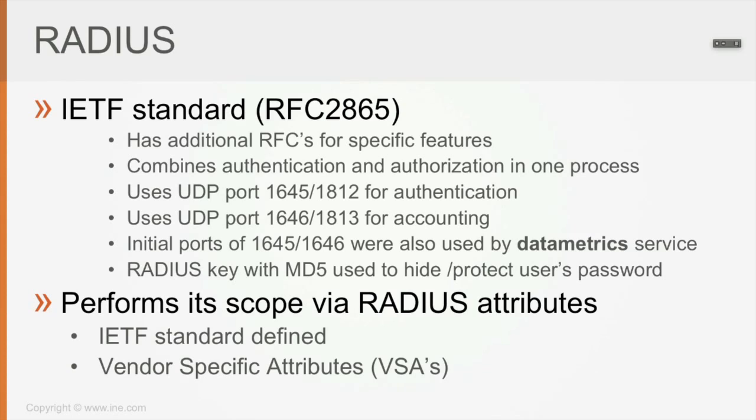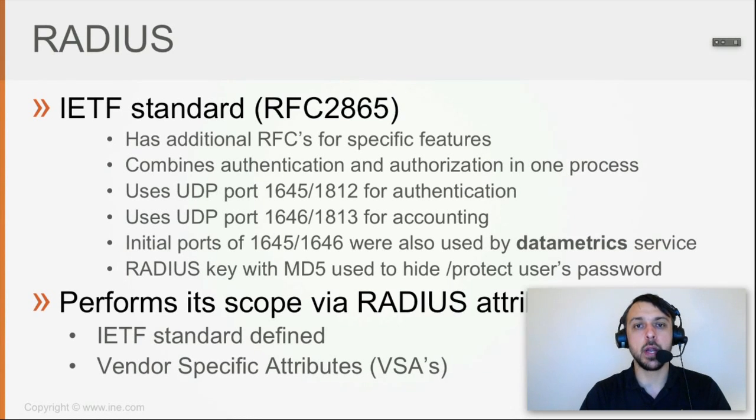So I'm going to have the RADIUS username attribute, where the router is going to put the username of Christian, and I'm going to have also the RADIUS user-password attribute, where the router is going to put the user's password in the MD5 hash format.